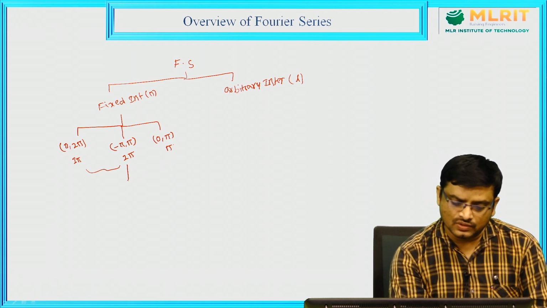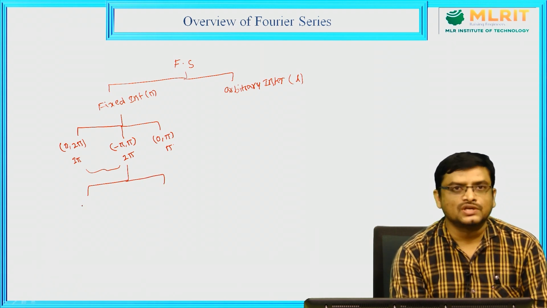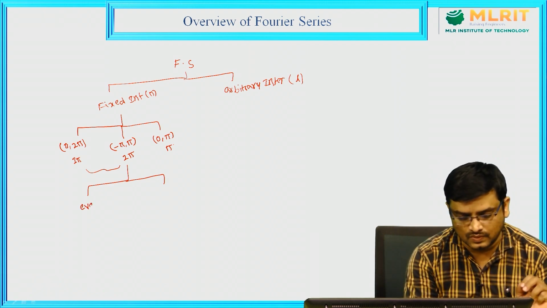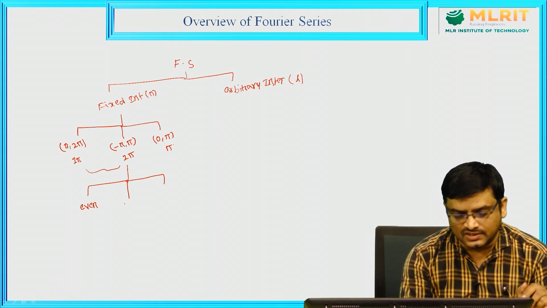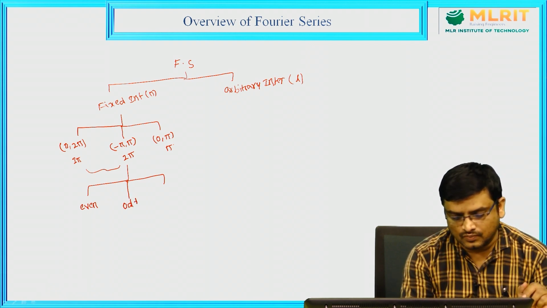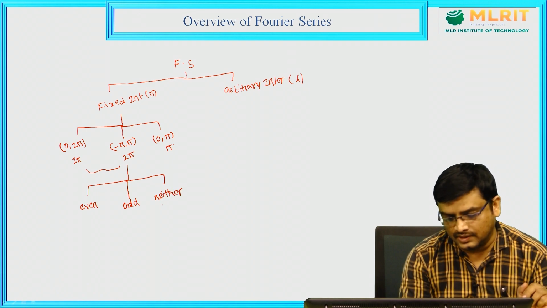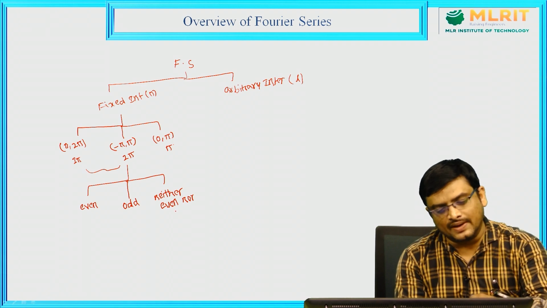Whereas for the next interval, minus pi, pi, we are going to study how to find the Fourier series expansion for an even function, how to find it for an odd function, and the final one is neither even nor odd.